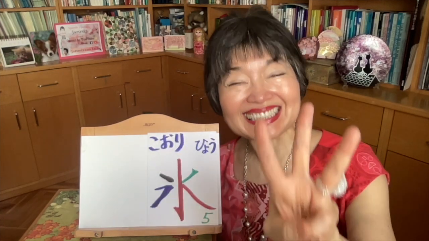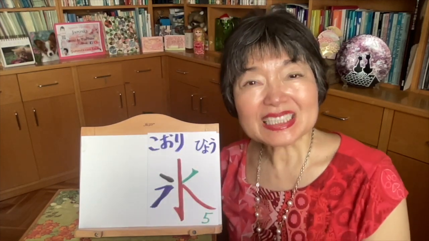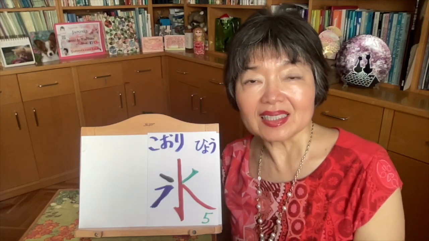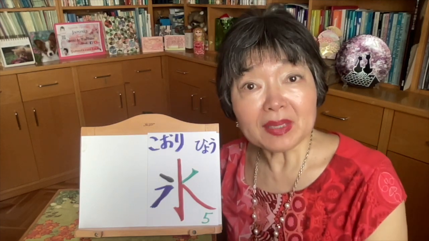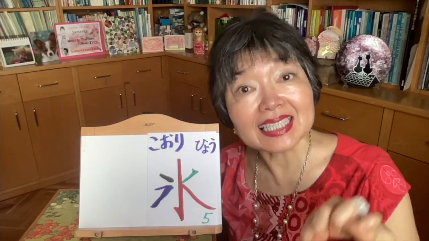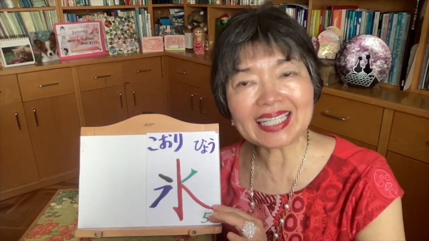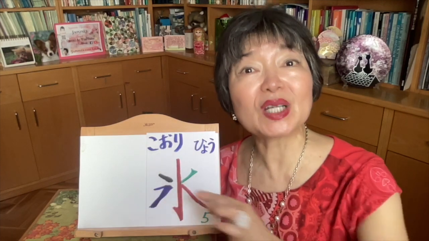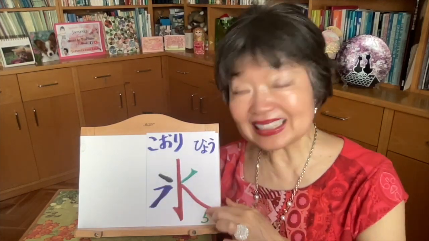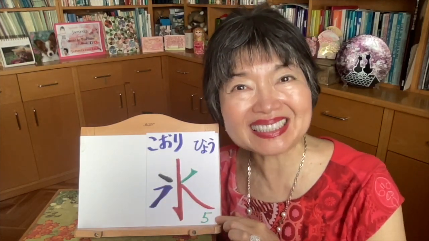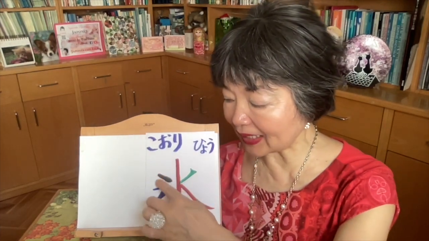Number 3, the last one: This water is not cold, so would you like me to put some ice in? Ice in Japanese is 氷. This kanji is very similar to water, 水. But be careful because there's this one.